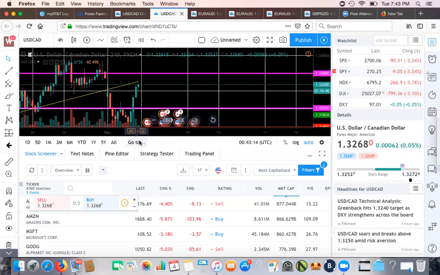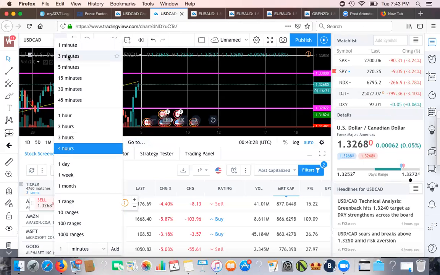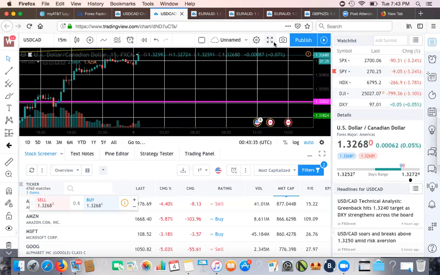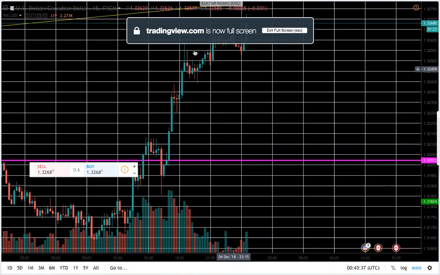Yeah, so that's 4 candlesticks, and every one is 4 hours. So it's been going up for a long time. That's just been the trend for the day. If you look at it on the 15-minute, you're gonna see different patterns. You're gonna see more of the uptrend on the 15-minute.